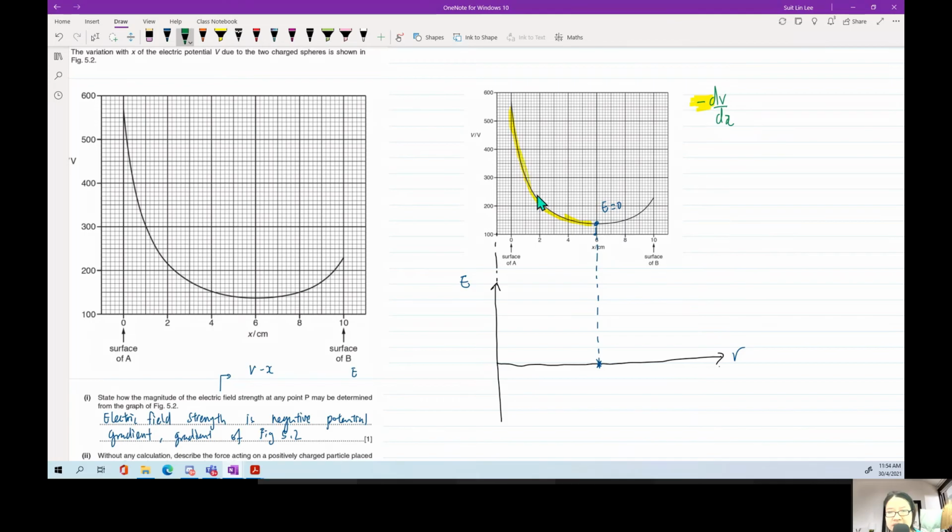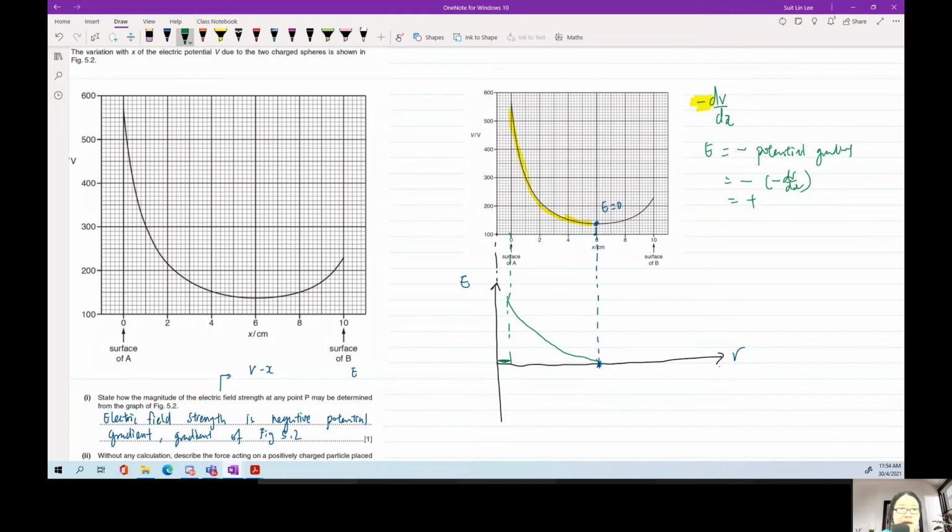So because it's negative dV/dx, E would be negative potential gradient. So negative dV/dx will be equal to a positive value. That's why the E here is a positive value. You will go something like this. On the surface of A will be 0 lah. Okay, gonna be like this.